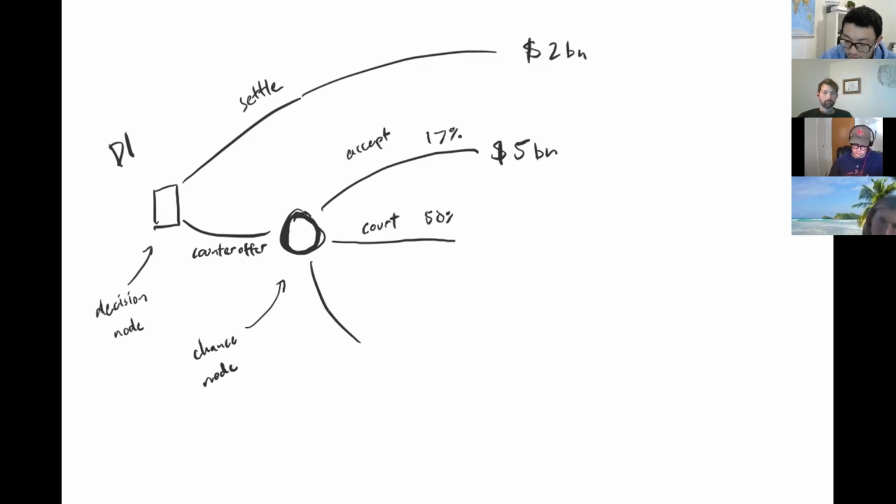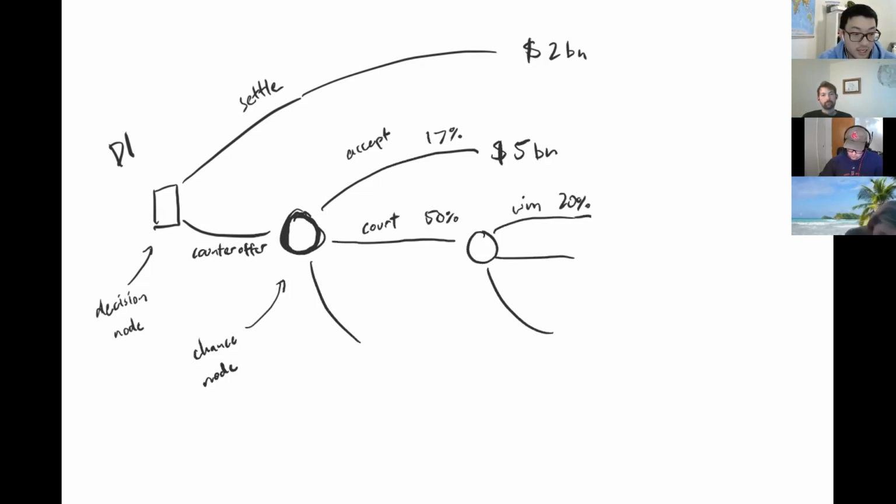And if you go to court, you go to another chance node, right? And the three things that can happen if you go to court are, so this is 20%, and you're gonna get 10.3 billion.